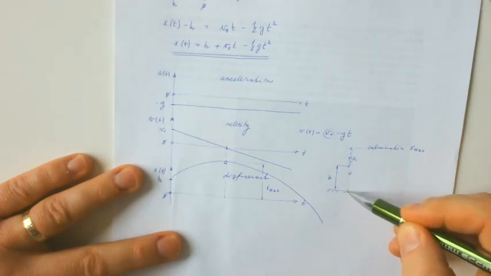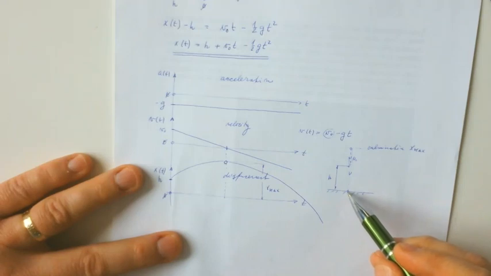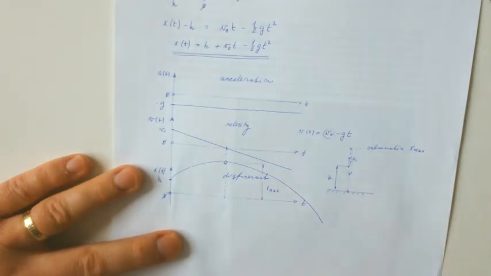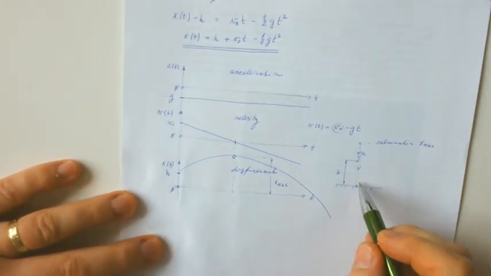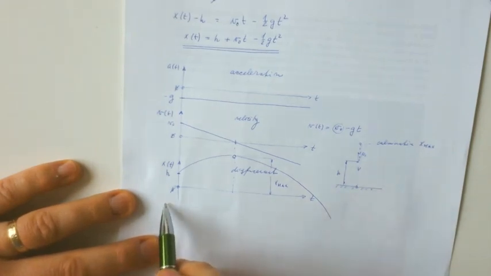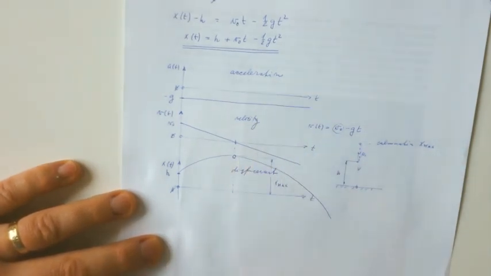Okay, and now particle drops down. So this is explanation and tracking of this process, which was displayed in graphs.